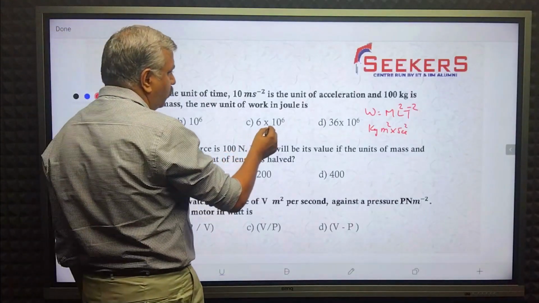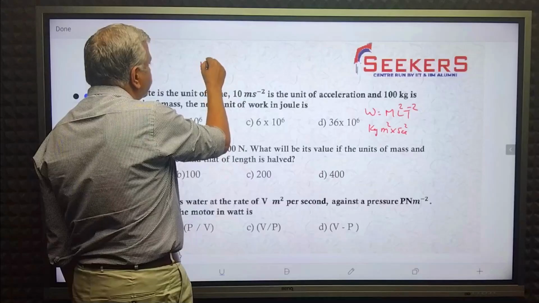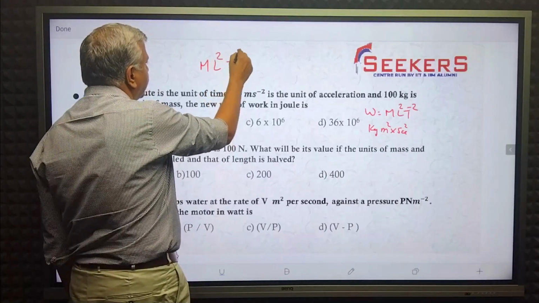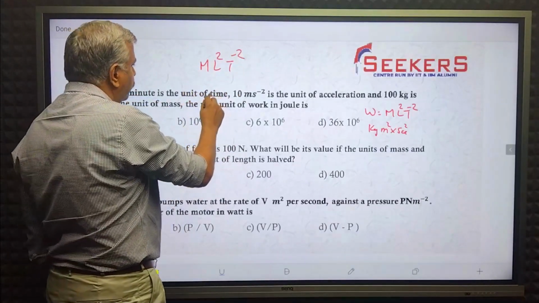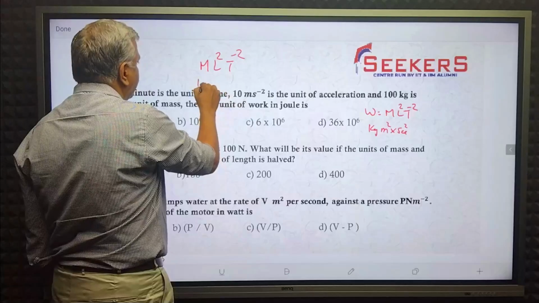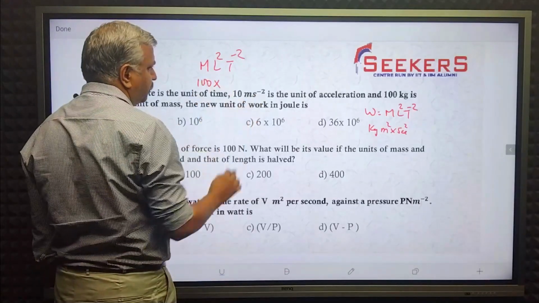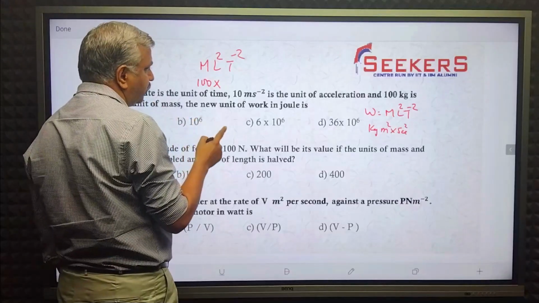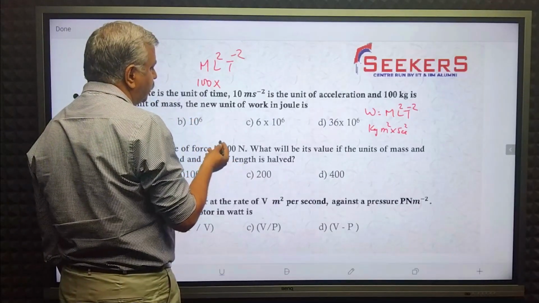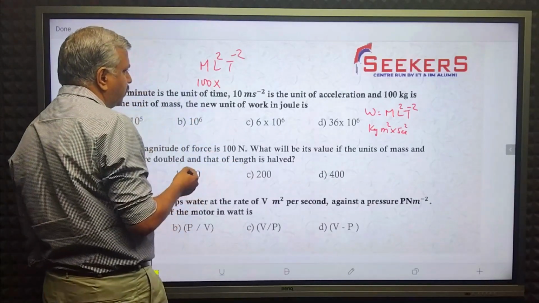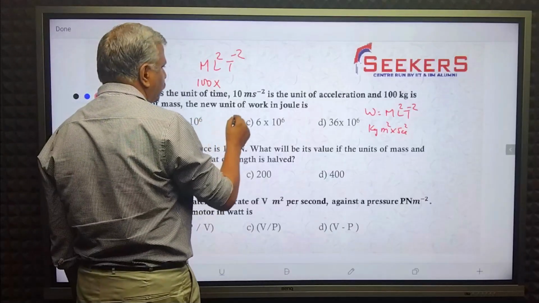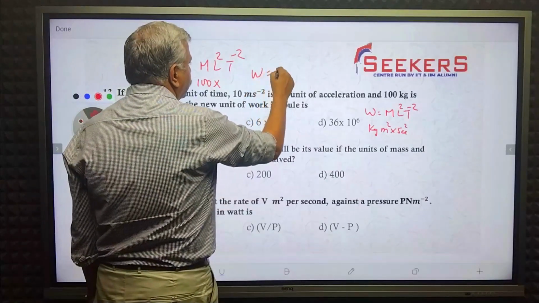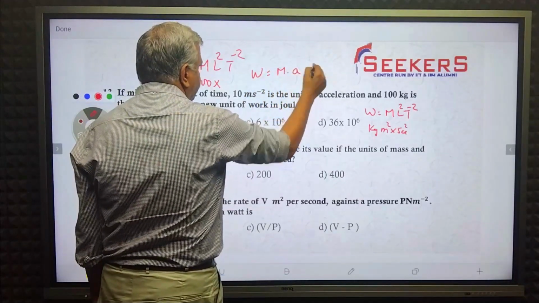So now here we know that the dimensions of work are M L squared T power minus 2. So mass is 100 kgs. So 100 into 10 meters per second squared is the unit of acceleration. It gets a little complicated because work is equal to m into a into distance.